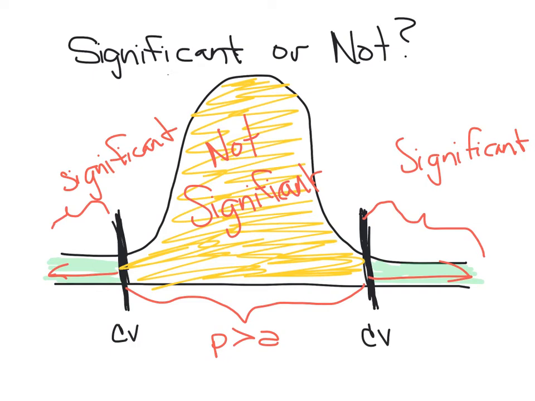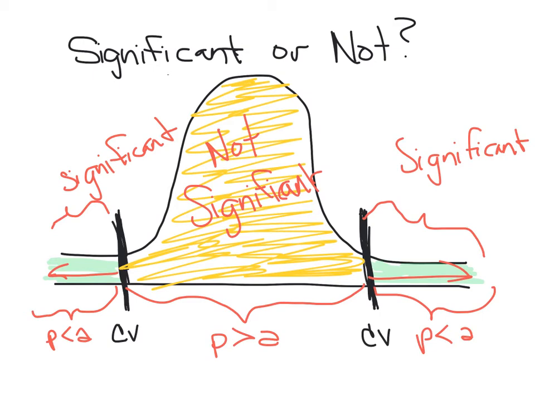But anything in these tail areas, the p is less than alpha. Look at the size of the tail. It gets smaller and smaller, right? So the probability value is going to be less, whereas probability in this middle area is much higher.